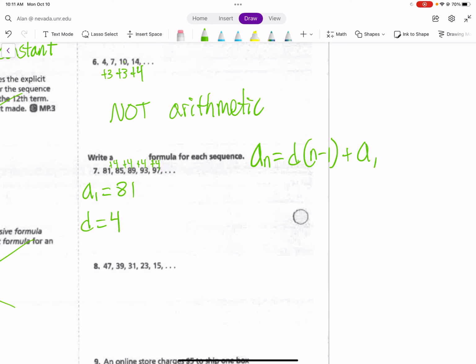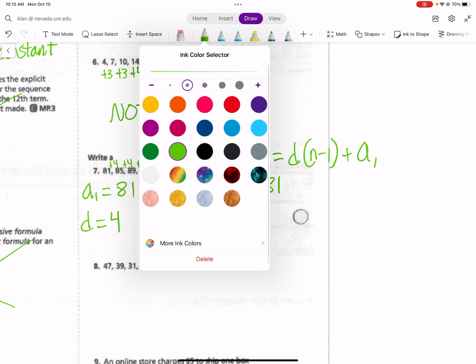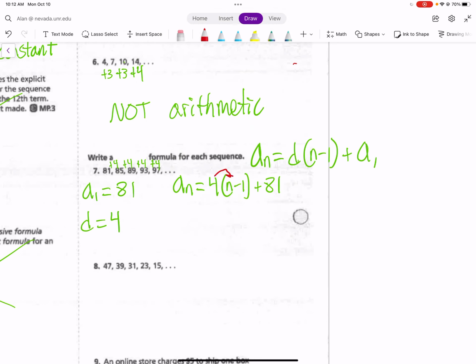Now we plug these in, A sub 1 and D, into our formula. So we will say A sub n equals D, which is 4, times n minus 1, plus A sub 1, which we know is 81. Now all we have to do is simplify this formula. So we distribute the 4, draw our arrows. 4 times n is 4n. 4 times -1 is -4, and we attach that 81.